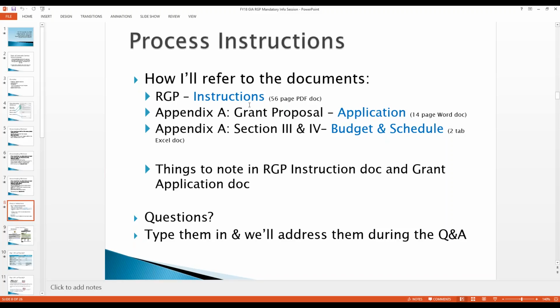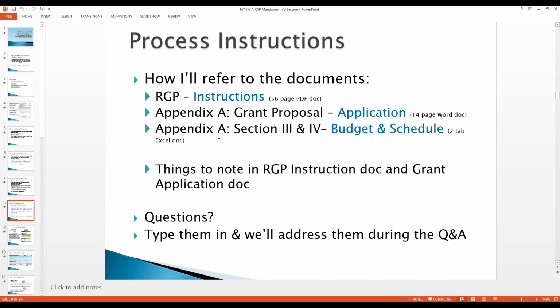It's a thick 56-page PDF file. Then there was also a grant proposal, a Word document, a fillable grant application, and I will refer to it as the grant application. And there is also an Excel document available for you to download, sections 3 and 4, which is the budget and schedule.